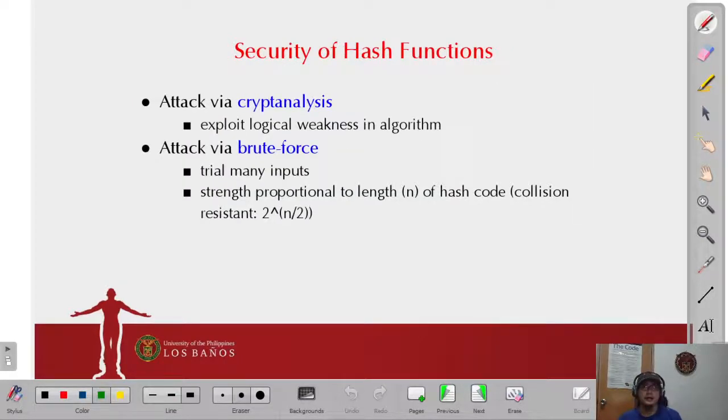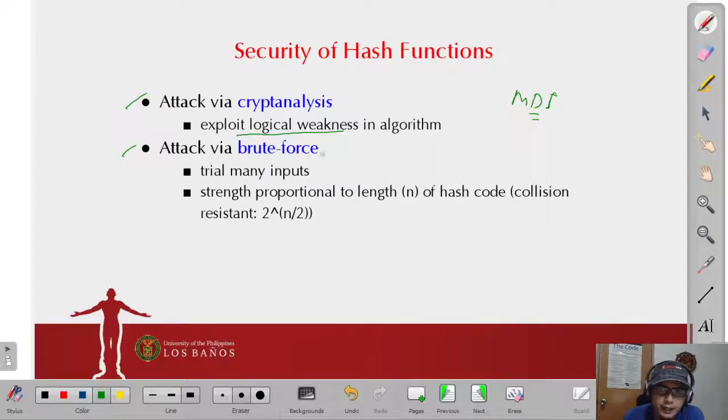So how do we attack hash functions? To attack hash functions, we have the same techniques as for symmetric encryption. We can do so using cryptanalysis, and the other one is brute force. With cryptanalysis, you study the logical weakness in the algorithm. This is the case of MD5, where they were able to show that given two x and y, they generate the same MD5 hash by analyzing the MD5 algorithm.